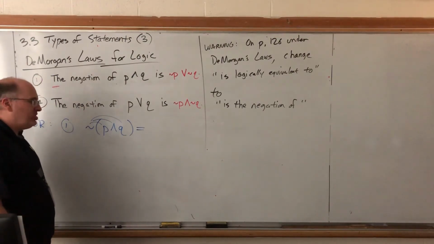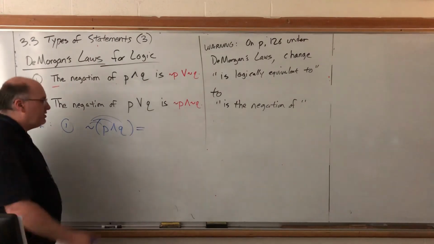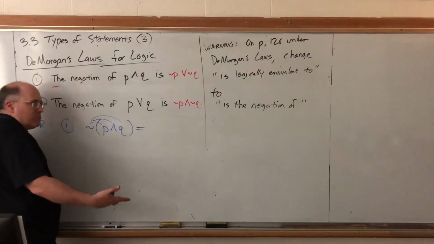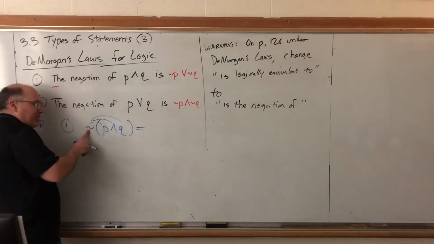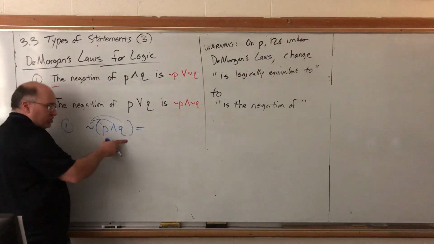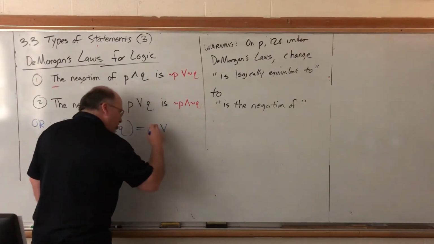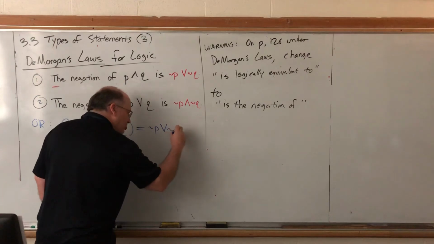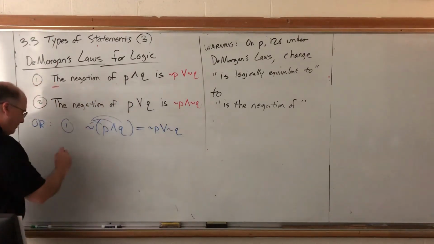Now, conjunction and disjunction aren't actually opposites, but this is just a gimmick for remembering De Morgan's law, that the negation of a conjunction is the disjunction of the negations, and it works on both of them.